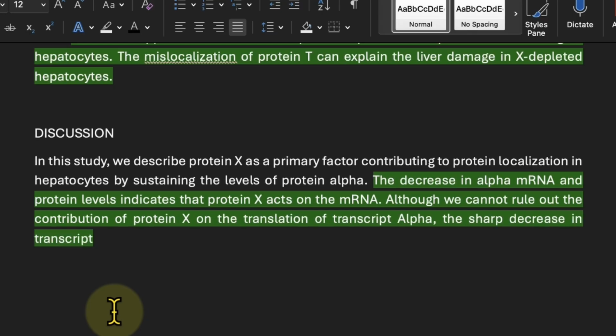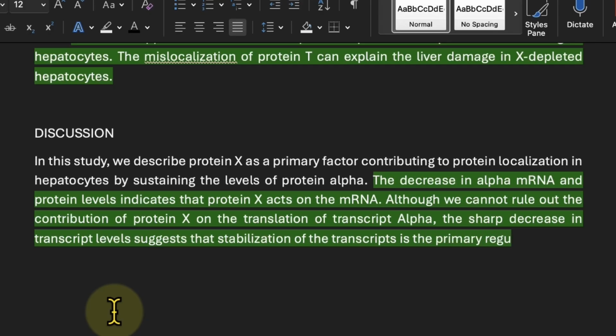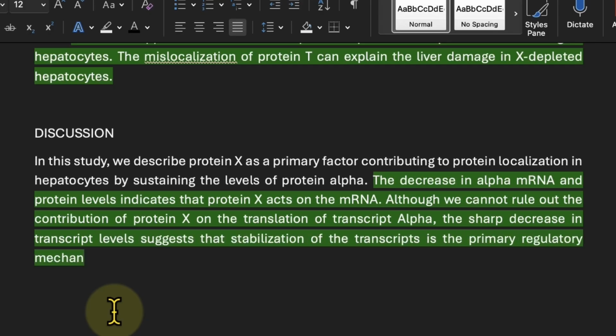The sharp decrease in transcript levels suggests that the stabilization of the transcript is the primary regulatory mechanism. So here in this case we try to explain why we think our model is the most simple and therefore more likely with the evidence that we have at hand. So this is something important that we can do in the discussion.